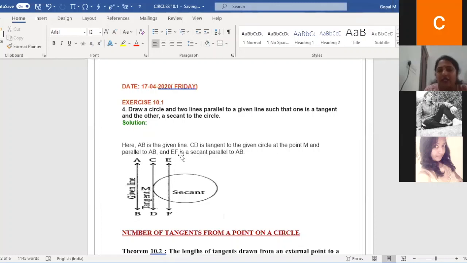The other one they asked is a secant, so I'm taking EF as a secant. This EF touches the circle at two points. They're asking us to draw two lines parallel to the given line AB. One line should be parallel as a tangent. The other line should be parallel to the given line as a secant. Am I clear on this answer, children?